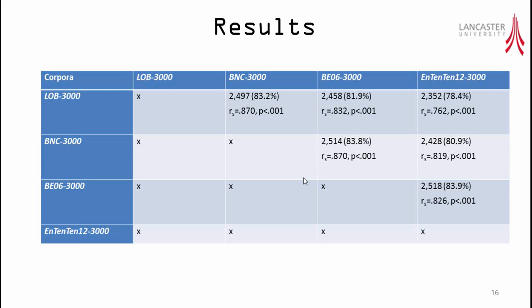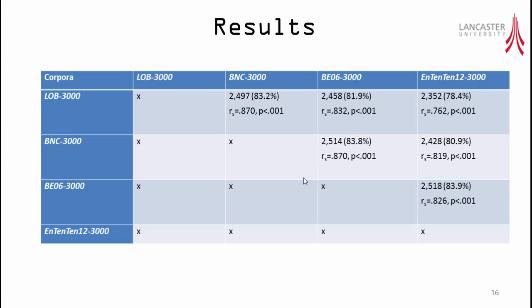What we did was we calculated the correlations, the Spearman's correlations, because we were dealing with ranks, and as you can see, the correlations are very high, surprisingly high, almost 0.8 and above, some of them almost reaching 0.9, with very low p-values, as you can see from the table.